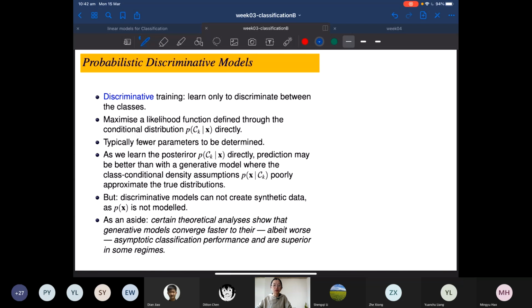What we mean by learning a discriminative model is that we want to learn the posterior distribution of class given data directly. As we will see, typically this means fewer parameters to learn, very concretely for the Gaussian case. And then as an added benefit, prediction may be better, or may not.